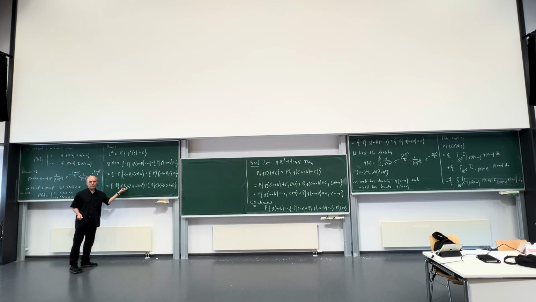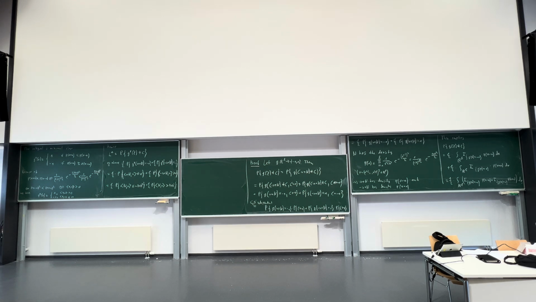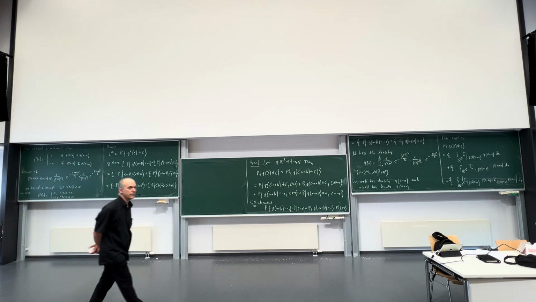What do we know about the distribution of the scalar product of this random variable and some vector? Now I need your basic knowledge of probability theory.